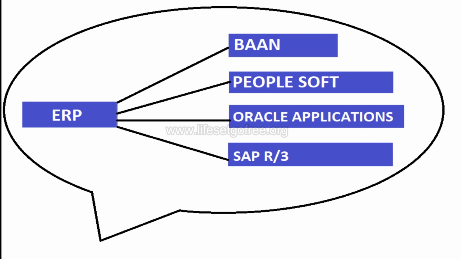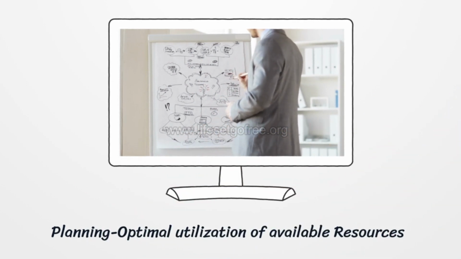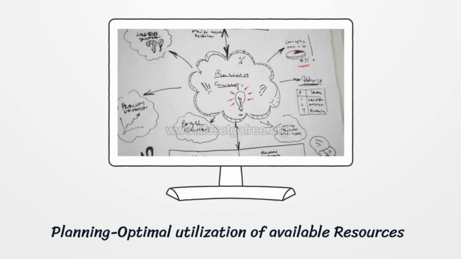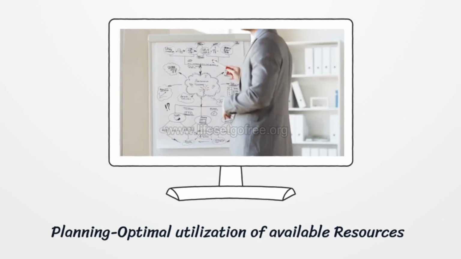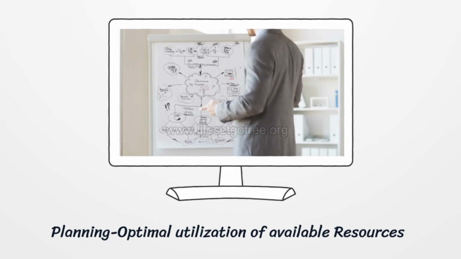All these are ERP products. Now, our main one, SAP, is also an ERP product. The main motto of any ERP product is optimal utilization of your available resources so that the company will yield maximum profits. That is the main motto.